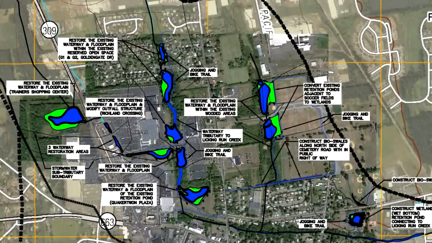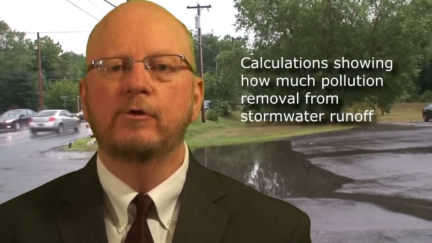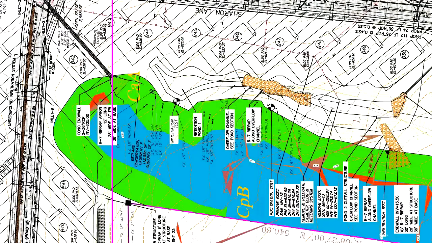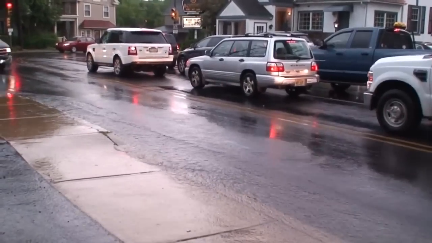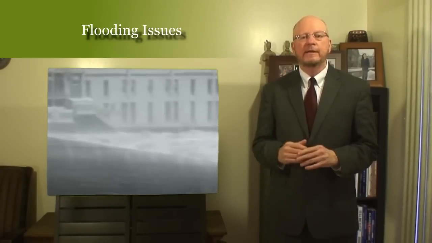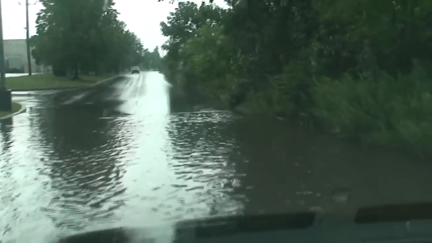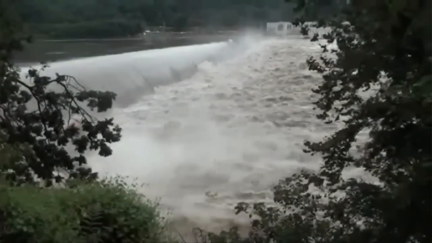Now, the next step is the preliminary plan with a set of preliminary stormwater calculations. These calculations would show how much pollution is being removed from stormwater runoff and how these stormwater ponds reduce flooding of downstream properties. Almost all municipalities have issues with flooding, and these systems will greatly reduce the rate of discharge and lower flood stages downstream.